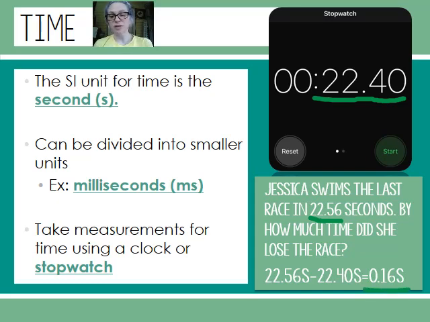So she lost the race by 0.16 seconds, not even a whole second. But again, this is just to remind you that in science, in biology, ecology, we are going to use seconds if we are recording time.